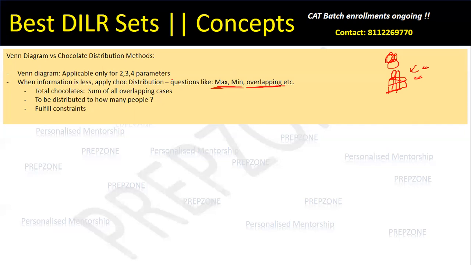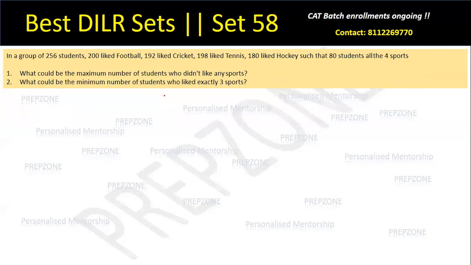For example, if the question says 50 people like hockey, 30 people like cricket, or 20 people like exactly two of the sports, etc. What we do is sum all the overlapping cases and say that the total chocolates are this many, and this needs to be distributed amongst people. If a question gives that there are total 100 unique people, then these total chocolates need to be distributed amongst the 100 people, and then whatever constraints are given, like exactly this many people eat 4 chocolates, you just try to fulfill all the constraints, then apply common sense and solve it. Okay, so we will see this through a good example, which is set 58.